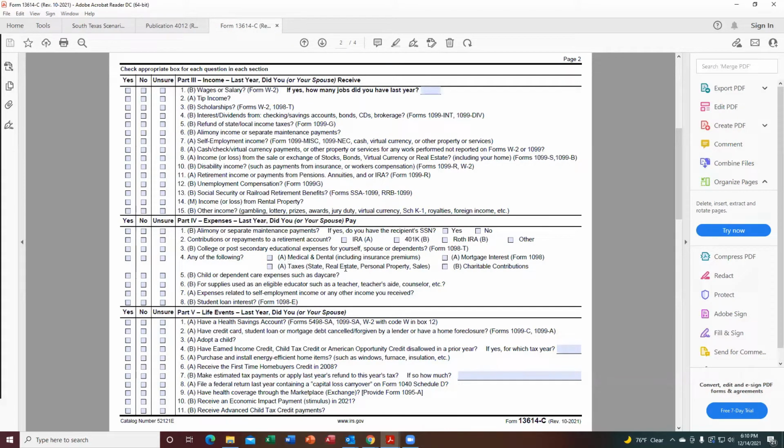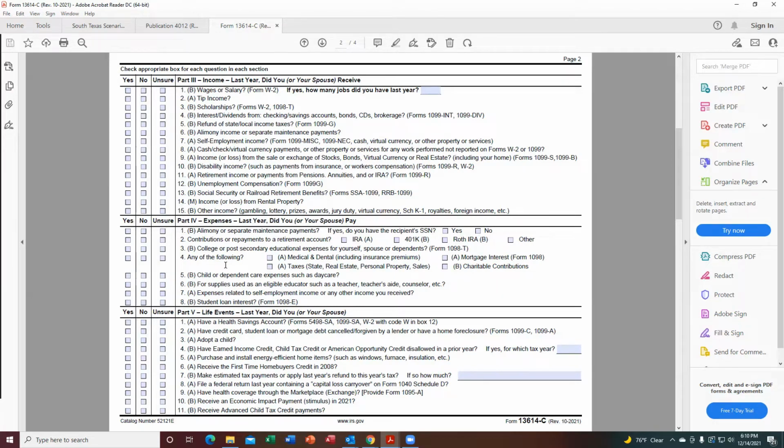The area for number 5 is for itemized deductions, except for charitable contributions. Charitable contributions is still there from last year.